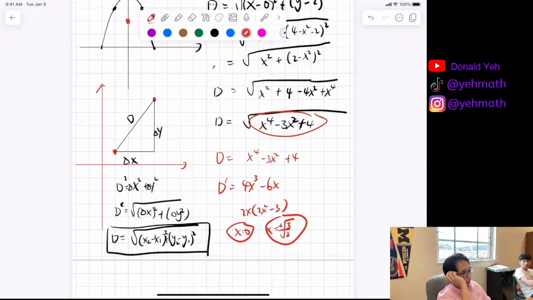Now here comes the problem. The problem is if there are 3 answers here, which one's correct? What can I do to see which one's correct? One of them is wrong. How can I tell which one's correct?